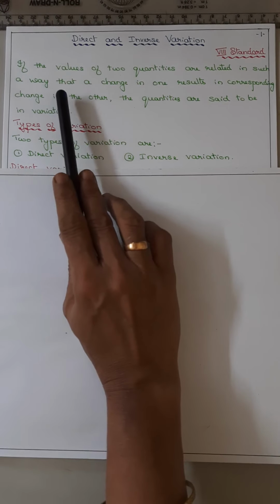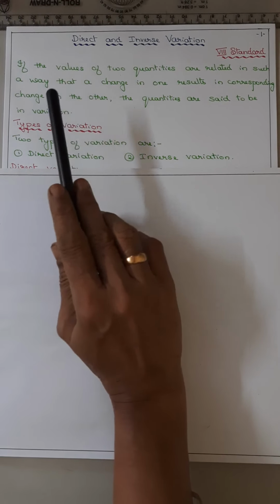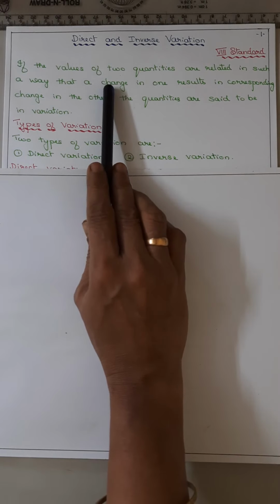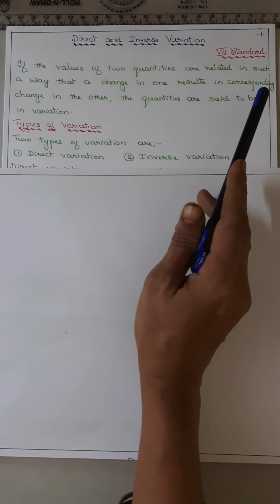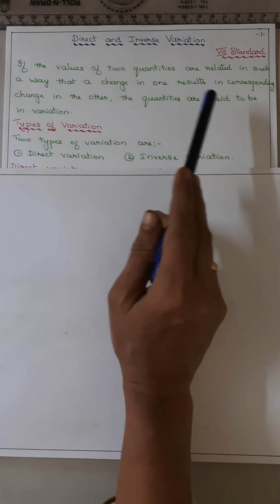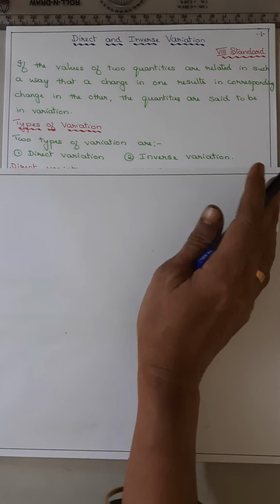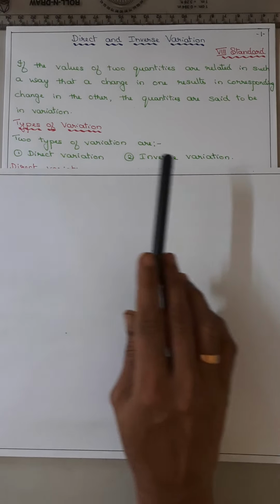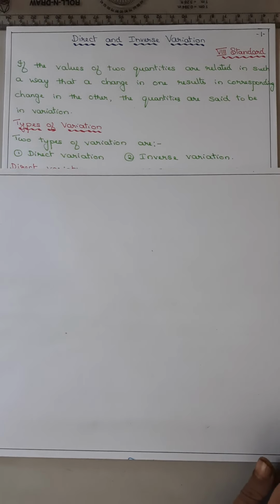Now, there are two types of variation, that is direct variation and inverse variation.